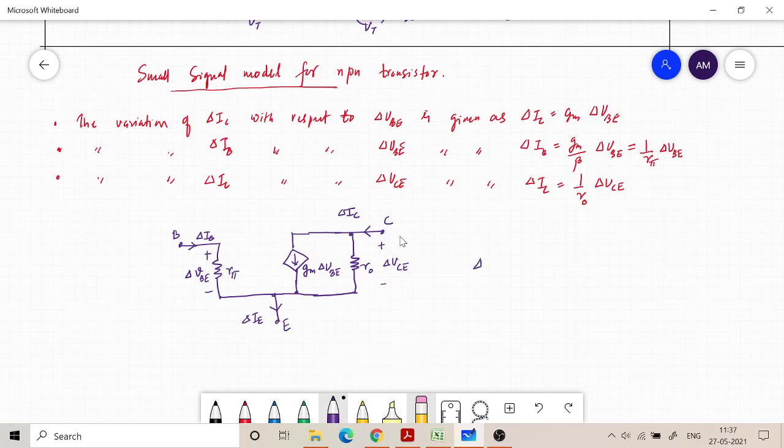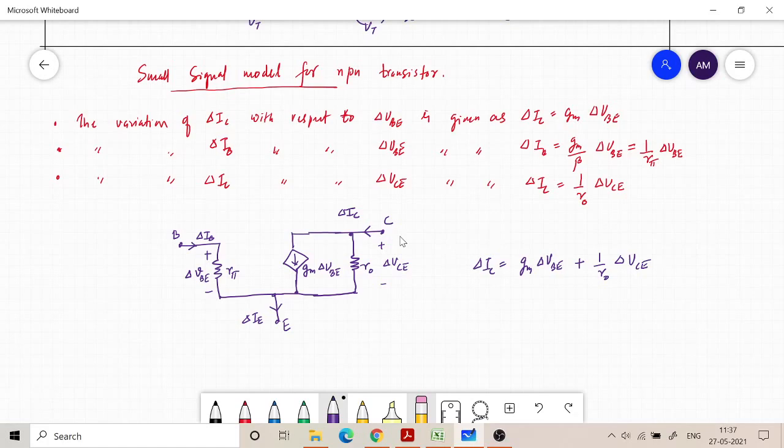If I take only the variation with respect to delta VB, then it is GM into delta VB. So that is this component. And then there is also delta IC due to the variation of delta VC, which is 1 by R naught into delta VC. So that is the complete variation of delta IC.